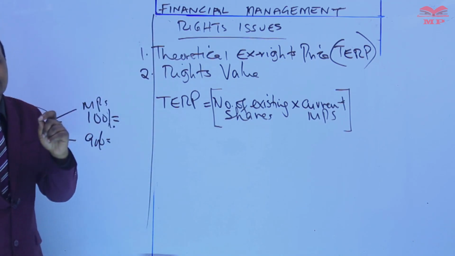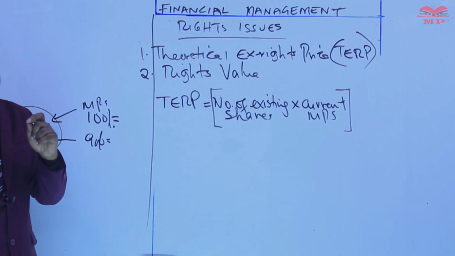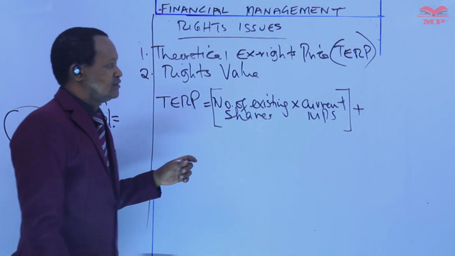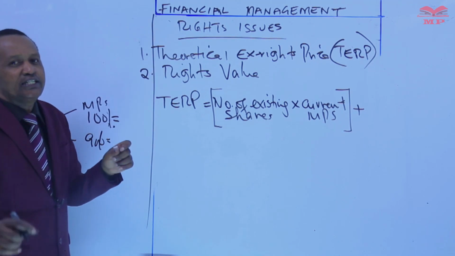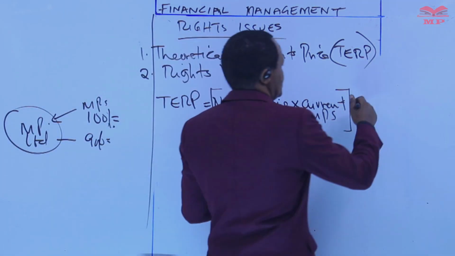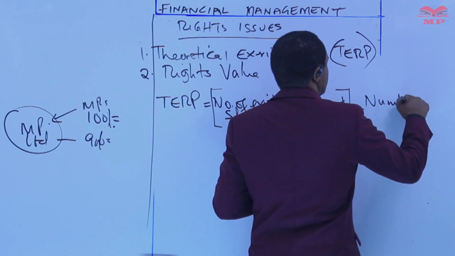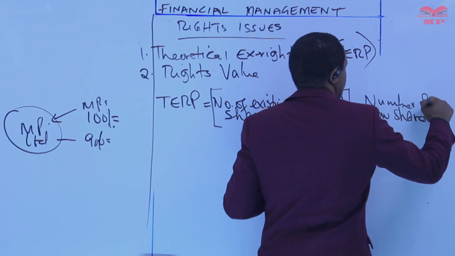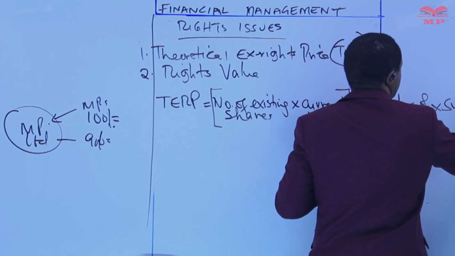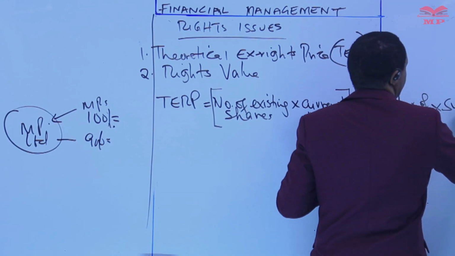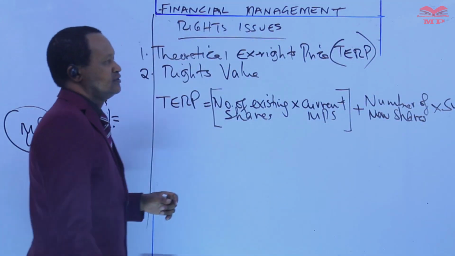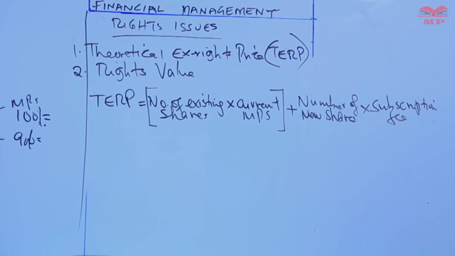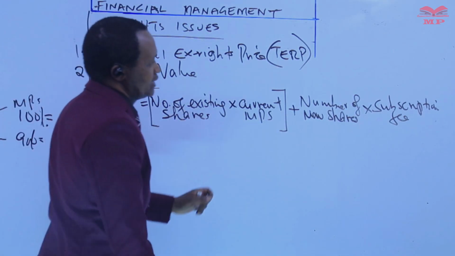To this we add the number of new shares times the subscription fee, or subscription price.